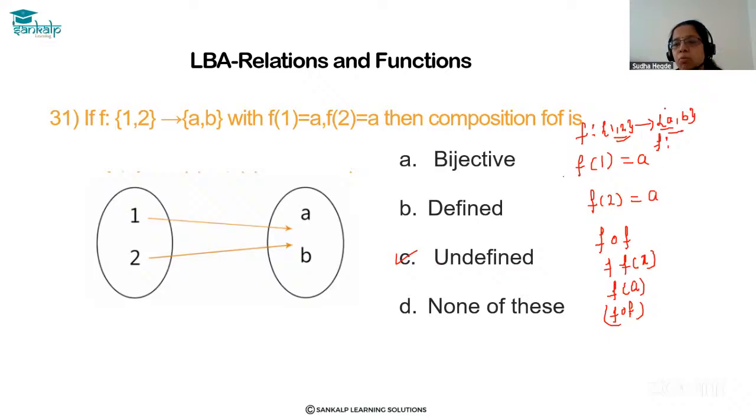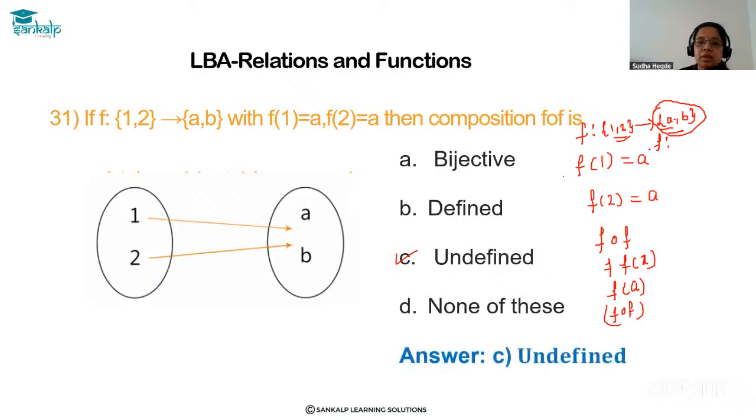To have composition map, the codomain of the first function must be the domain of the next function. Here in this case, if both are same domain and codomain, then only it is possible. Otherwise, it's not possible. Therefore, F composition F is not defined. Thank you.